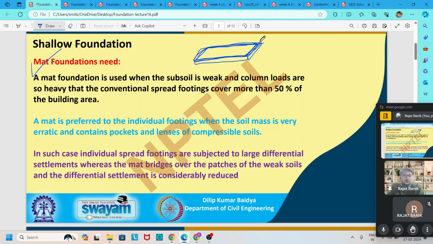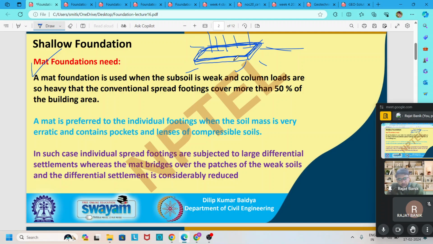In this way we construct our mat foundation on the ground surface, on which all the columns are situated.